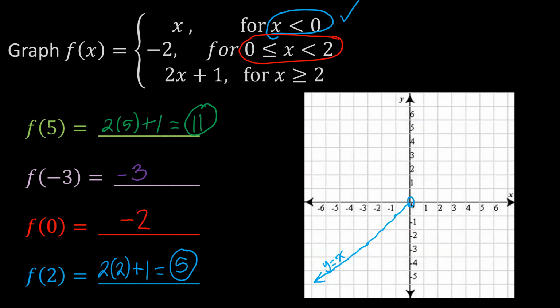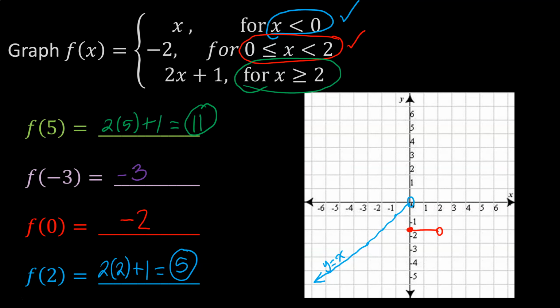And we are looking at closed at 0 and going out to 2, open. And that would be that piece here. Okay, the third piece in your function, I would use green. The third piece goes from 2 to infinity. And that would be the line 2x plus 1.